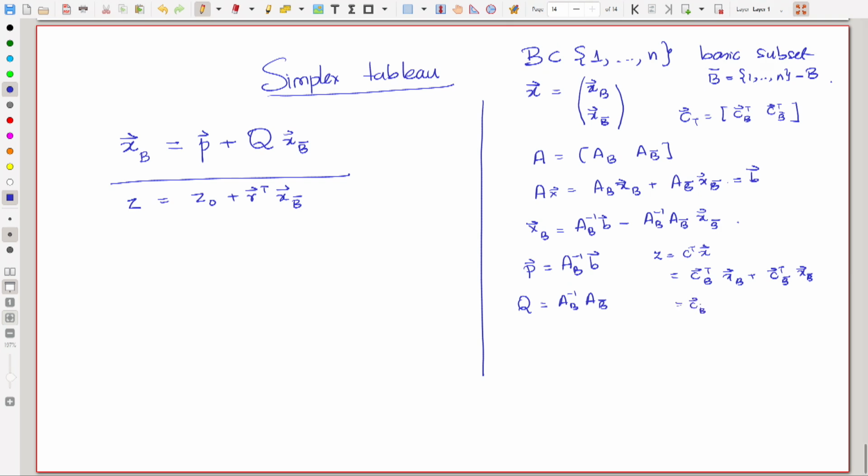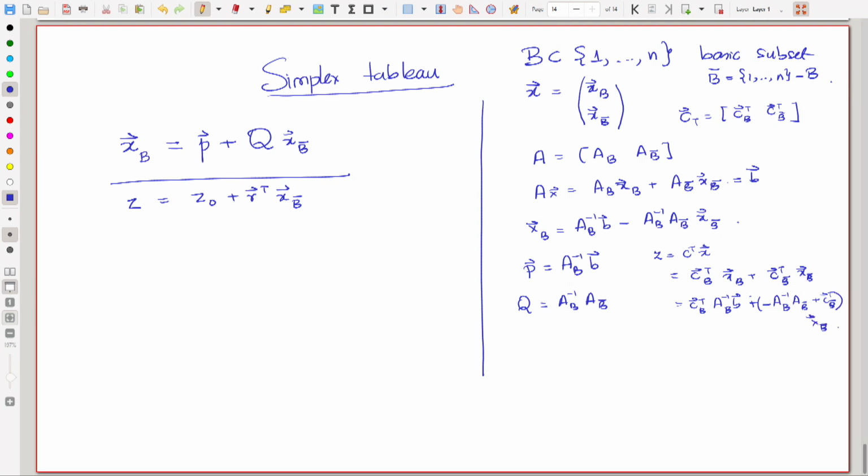This is C t b, x b is anyway A b inverse b, right, minus A B inverse A B bar x b bar, plus C T B bar, and let us make this a plus here, this times x b bar.